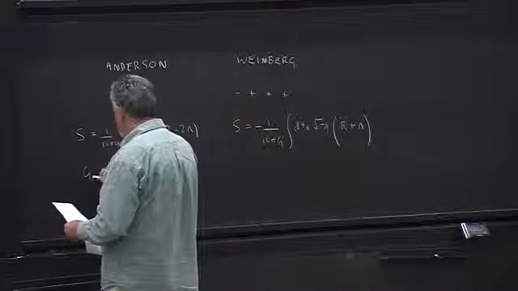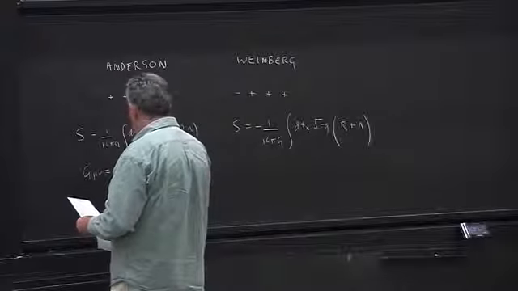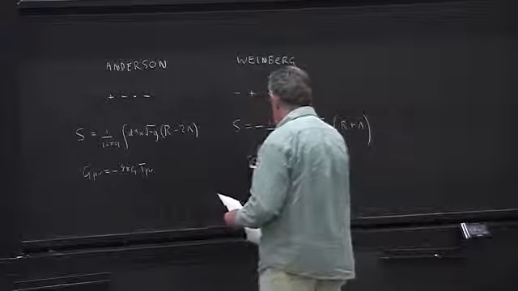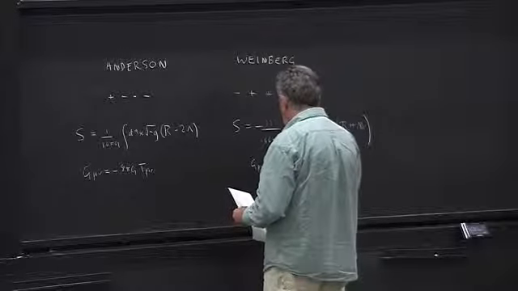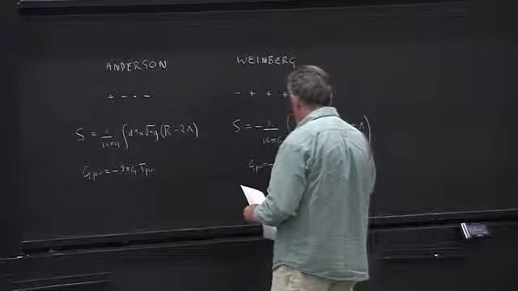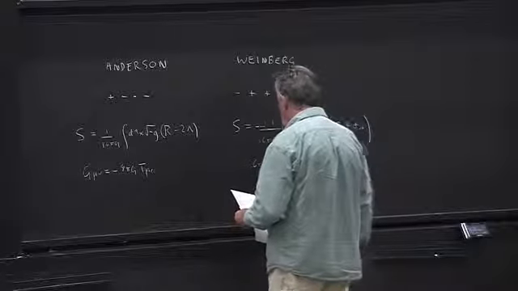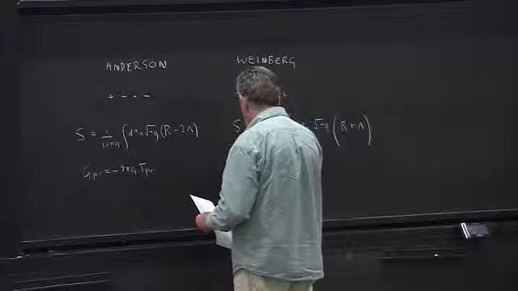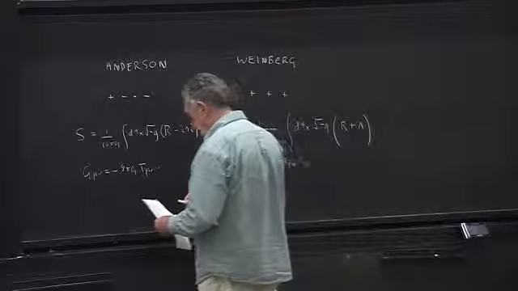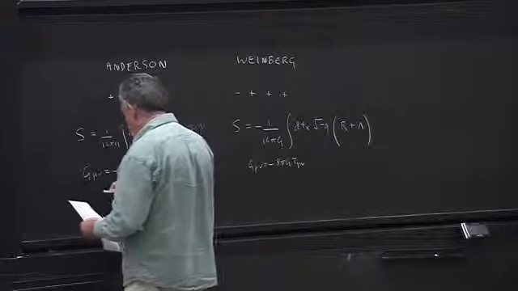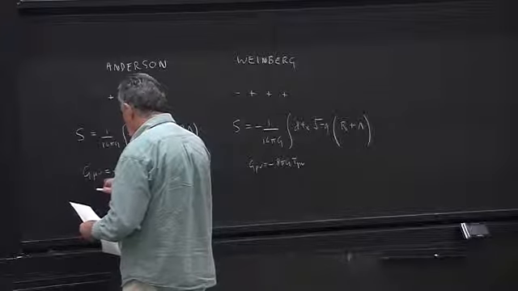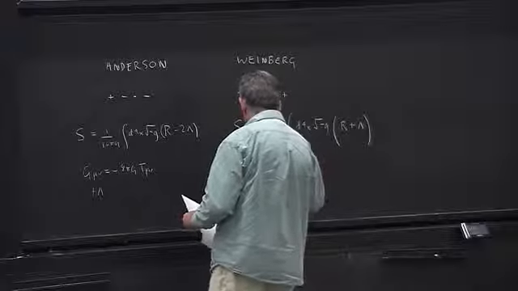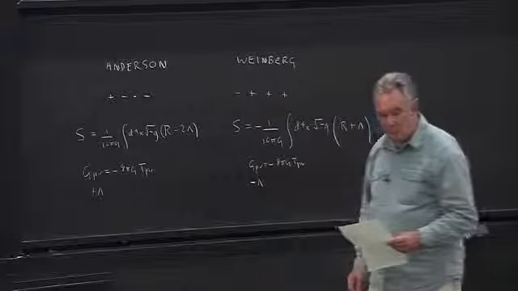They both have G mu nu is minus 8 pi G T mu nu. And this would be plus lambda for Anderson and minus lambda for Weinberg.